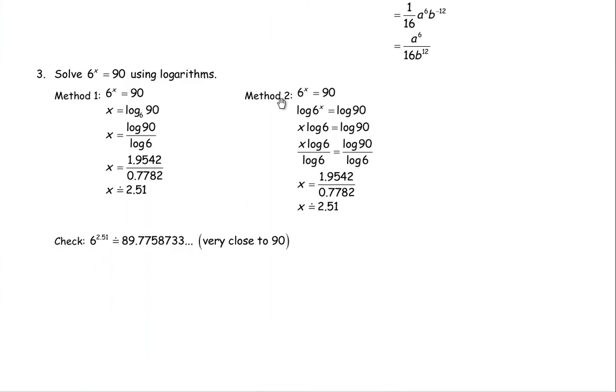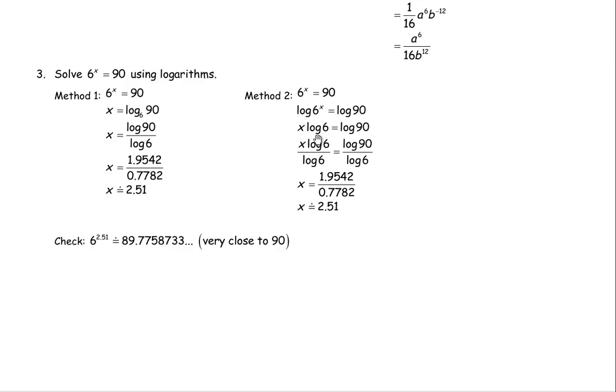Now, a second, slightly different way you could do this is to take the log of both sides instead of writing it in the log form. Notice I wrote log of 6 to the x on the left and log of 90 on the right, trying to solve for x. We use the power rule: if you have the log of a power, you can bring that exponent down in front and write x times the log of 6.